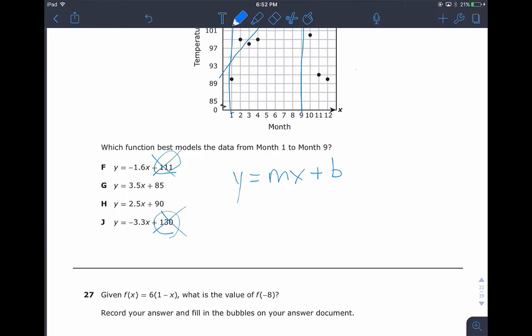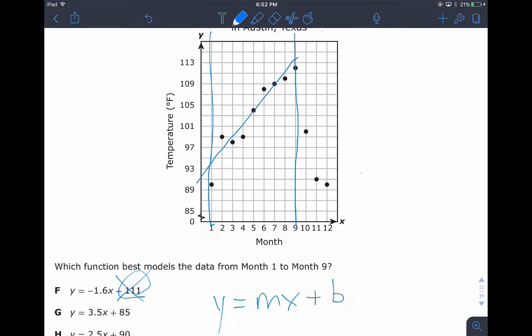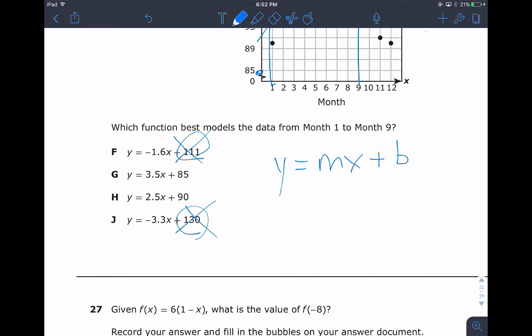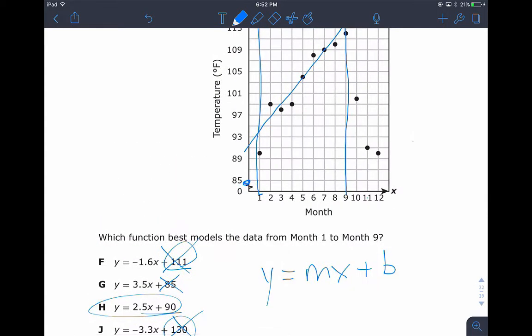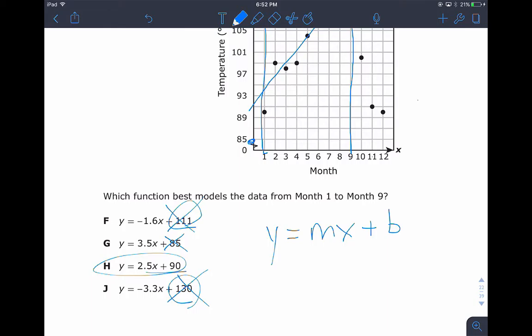Now, depending on how you draw it, 85 and 90 could be kind of close. 85, though, is starting way down here. So unless you draw your line of best fit a little bit off, you might get that by accident, but I think 90 is probably the closest because you want a couple of points above and a couple of points below. So 90 is probably the best approximation for that.